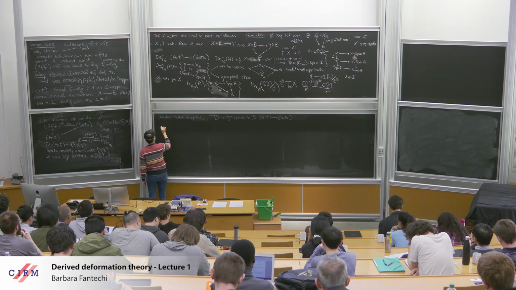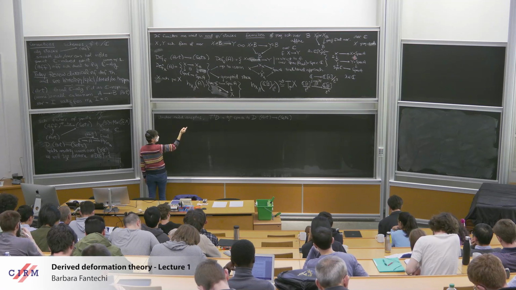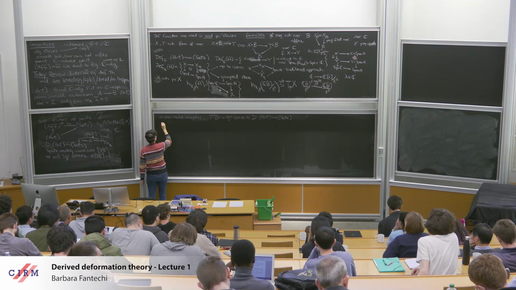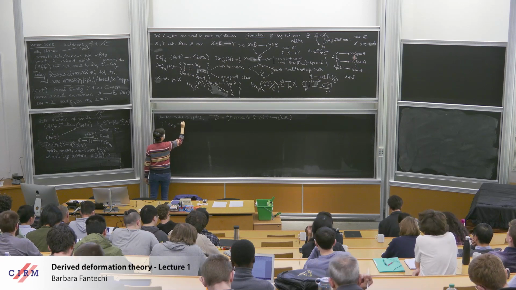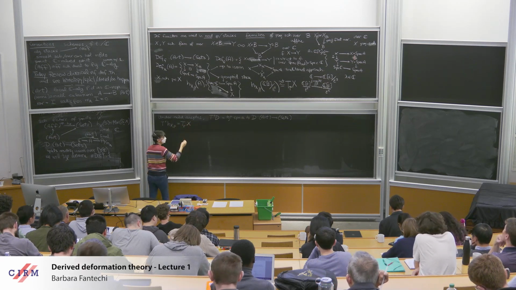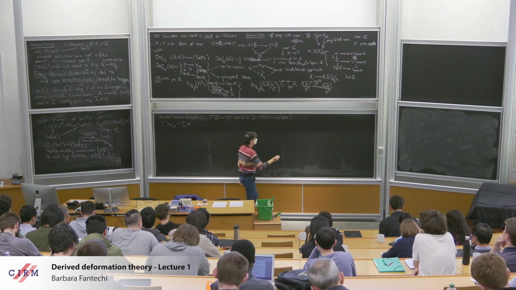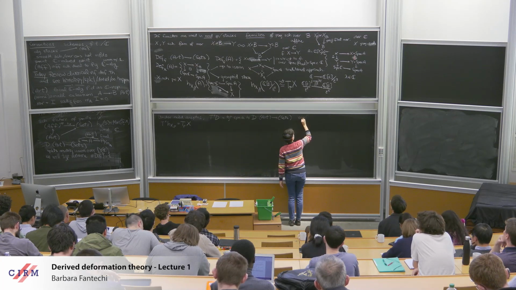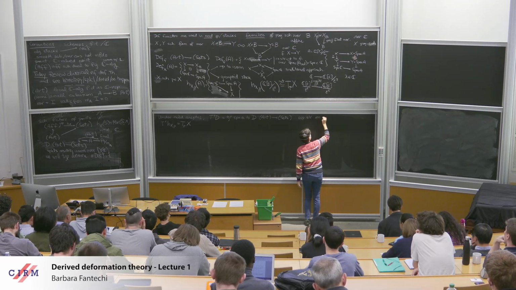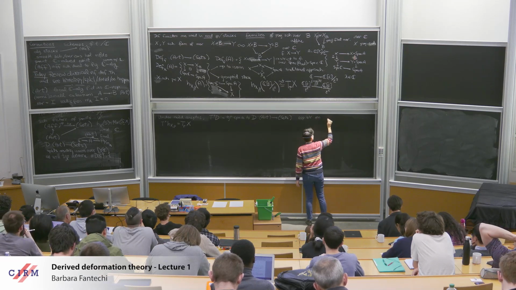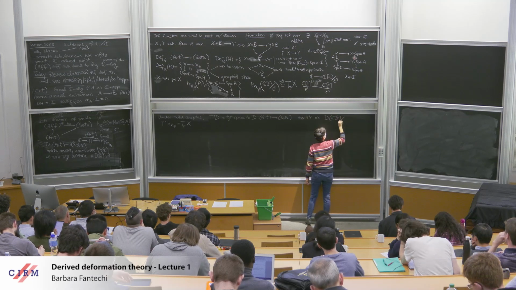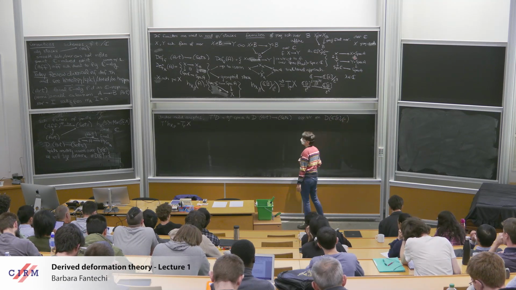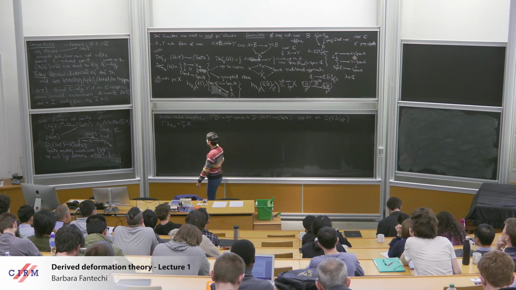So for instance, of course, in particular, we have seen that T1 of hxp is Tpx. So this is a natural vector space structure on D of C epsilon mod epsilon squared. So this we have seen.